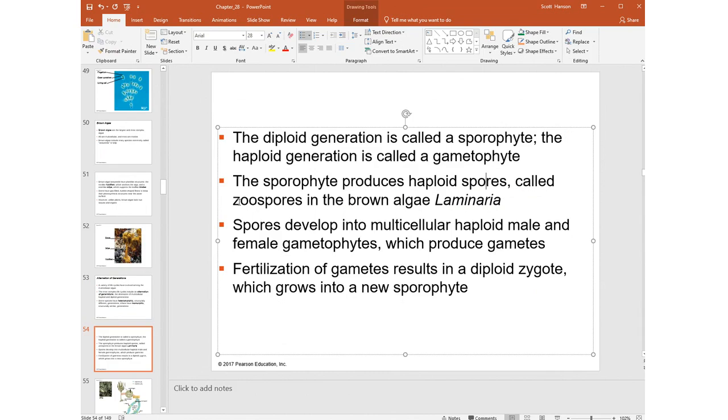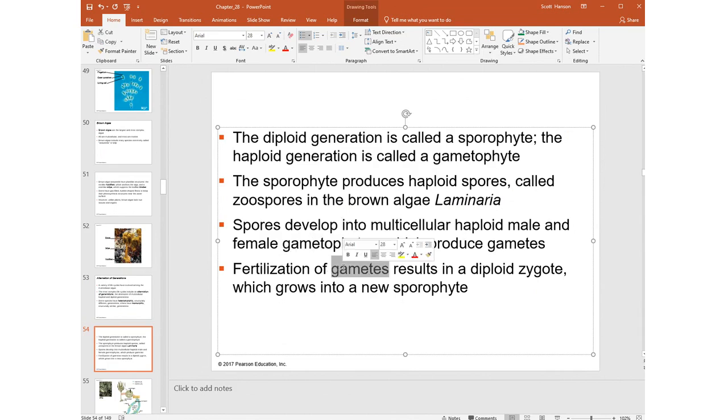The haploid spores are called zoospores, and zoo or zoa means animal. So they're called zoospores in the brown alga Laminaria, which almost sounds like the word laminate. Spores develop into multicellular haploid male and female gametophytes, and the gametophytes produce gametes. That's why they're called gametophytes.